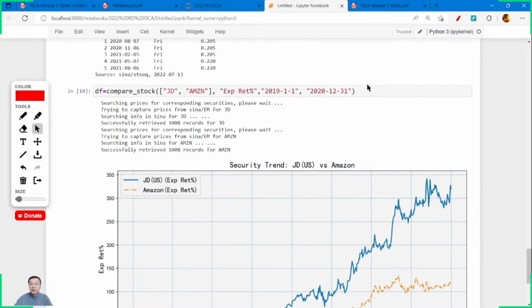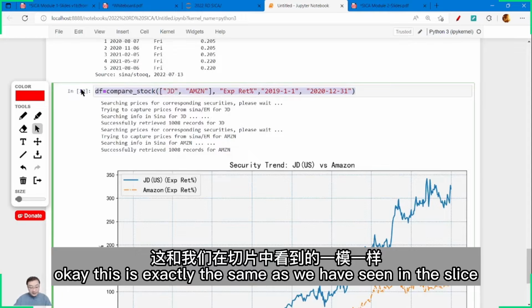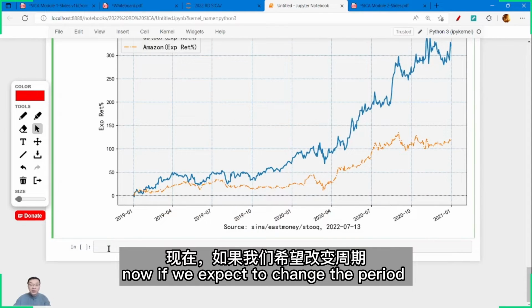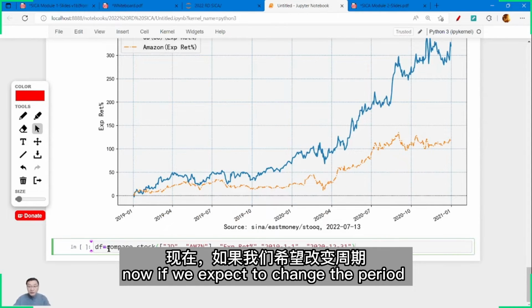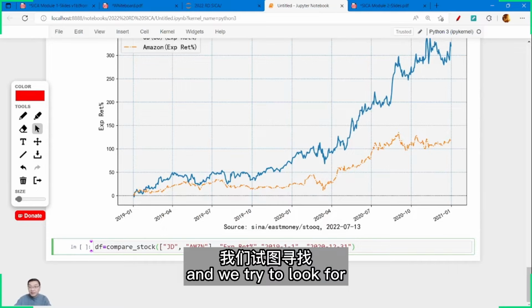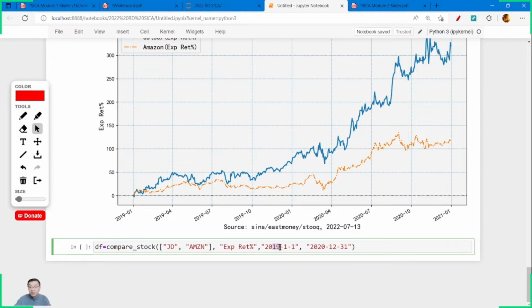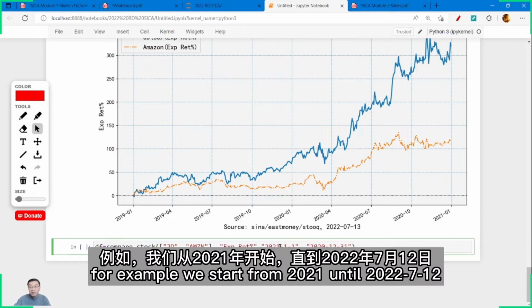Now, if we want to change the period and look at the situation till now, for example, we start from 2021 until July 12th, 2022.